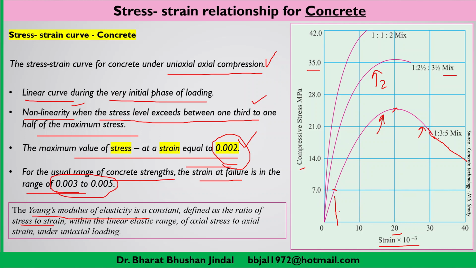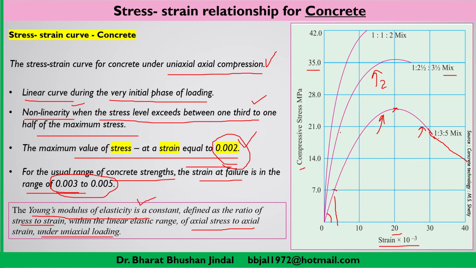You have to take the ratio within the elastic limit, within the elastic range, of axial stress to axial strain under uniaxial loading. You can take the tangent value of this, and accordingly you will get the Young modulus of elasticity.